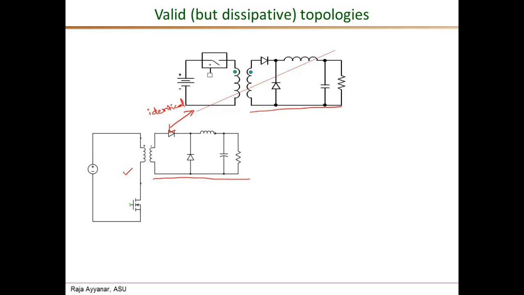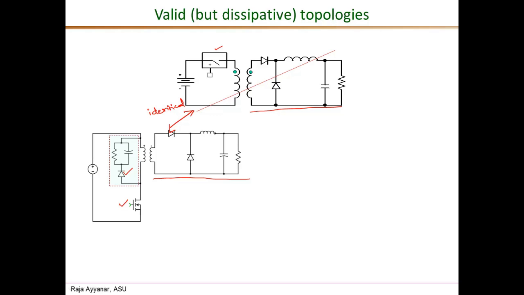Just the switch here is drawn at the bottom, and that does not change the circuit in any way. This is how normally the isolated version is drawn, and that's why I'm drawing it this way. Now the circuit as drawn is identical to the first case, and in order to maintain flux continuity, what I do is I add this extra circuit.